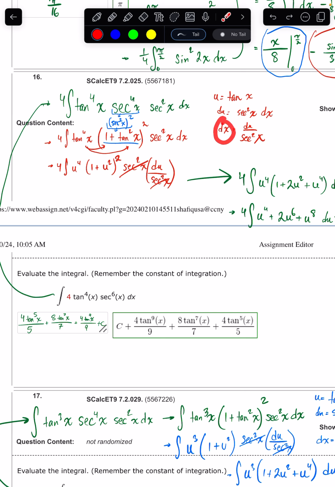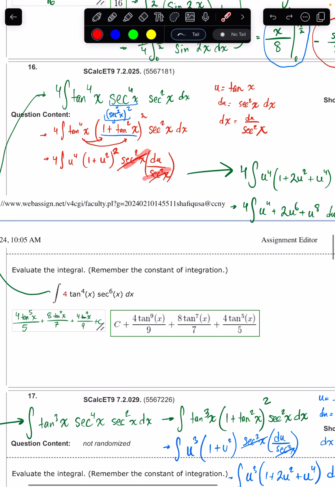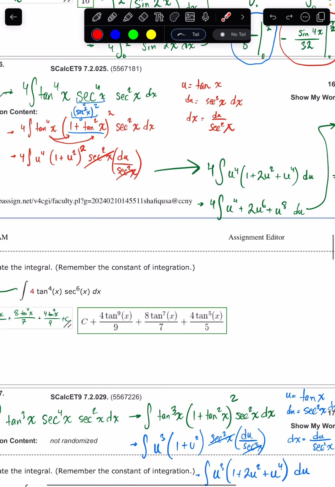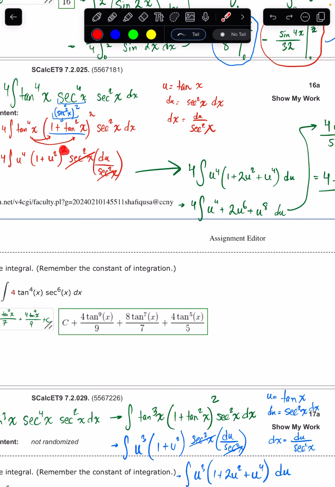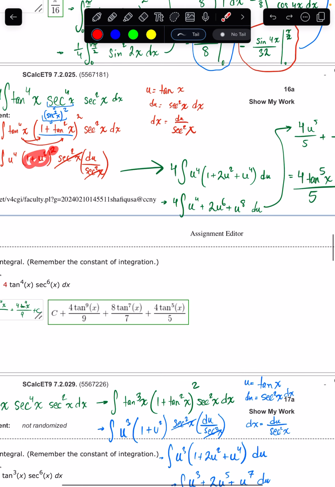And we substitute in for dx. Substitute for dx is going to be du over secant squared. This secant squared cancels out, just becomes 1. And you can just integrate after that. Oh yeah, my apologies. Just obviously foil this. After you foil it, you should get 1 plus 2u squared plus u to the 4, and then distribute this thing.